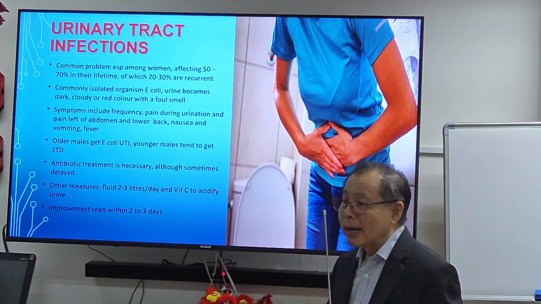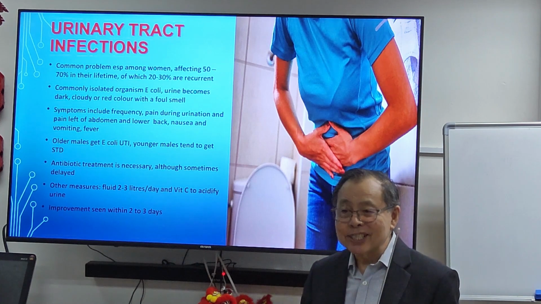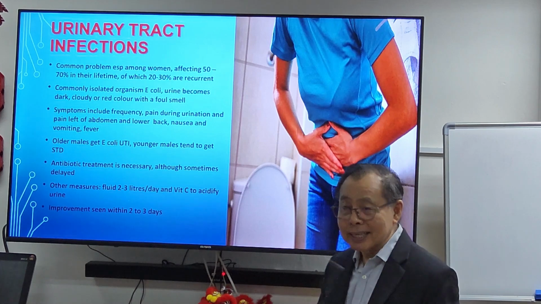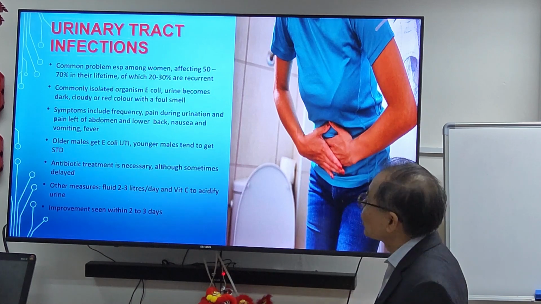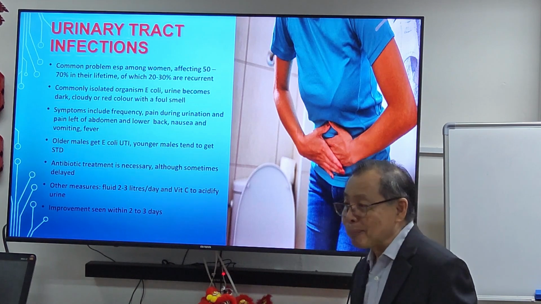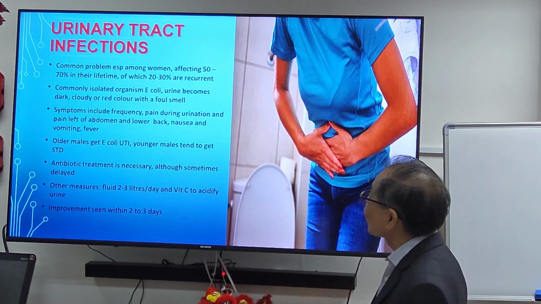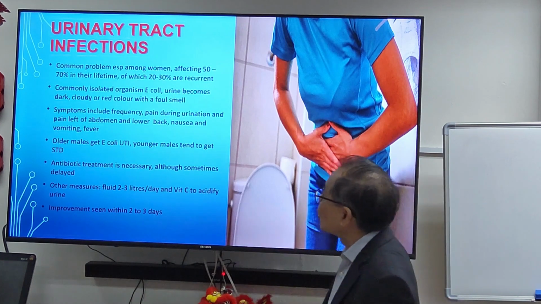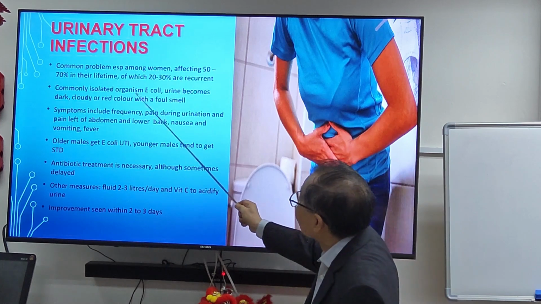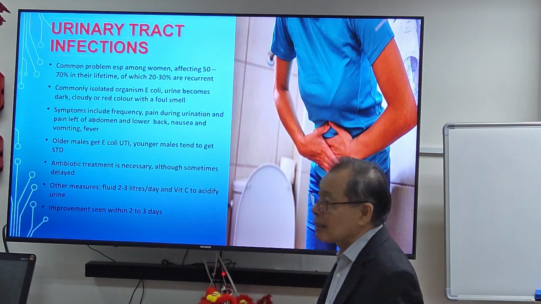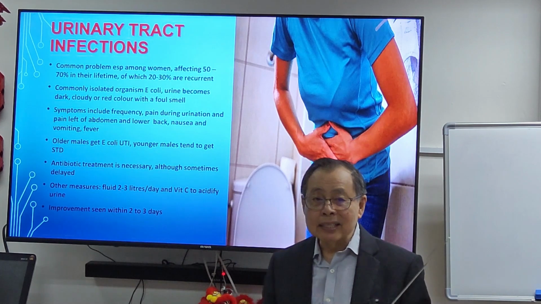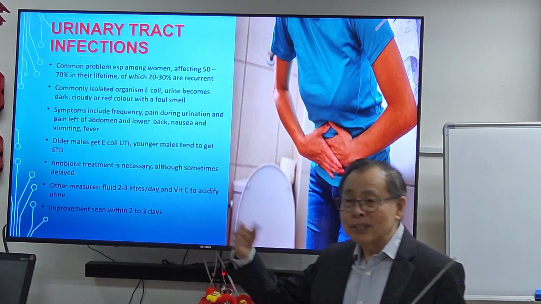So abdominal pain need not be just gastric or gallbladder or whatever. It can be this. And this makes abdominal pain so interesting because you need to sort it out. It's very common among women. 70% in their lifetime will get it, and at least a third of it will be recurrent. That means you get it all the time.